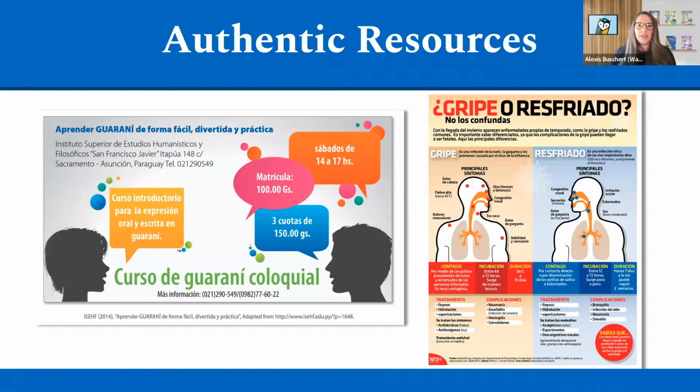So they could be used as hooks for lessons. They could be used as discussion pieces for communicative tasks. You can use authentic resources to make those cultural comparisons or connections, or to investigate a structure that you've been studying or a series of focused vocabulary words, or they can even be used for assessment.